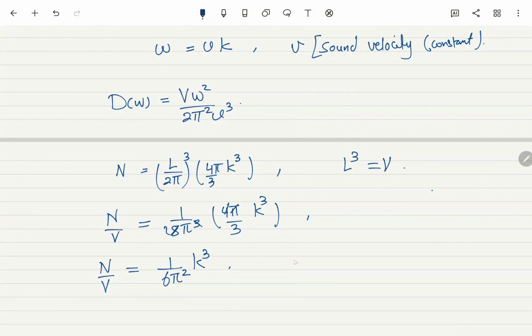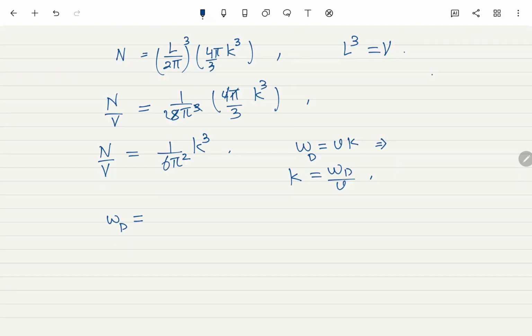Now remember, omega, the dispersion relation, is equal to Vk. Now the cutoff frequency, let's name it omega d, is equal to V k d. Now k in this case is equal to omega d over v, and you substitute this back in this one here, you will find omega d cubed equal to 6 pi squared v cubed N over V, and this is called the cutoff frequency.